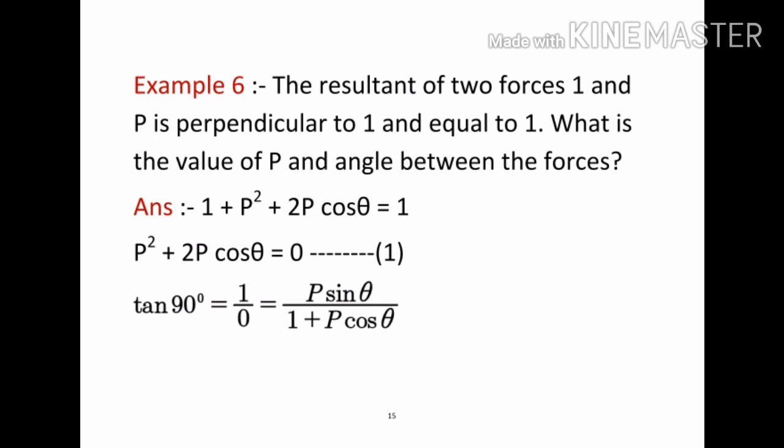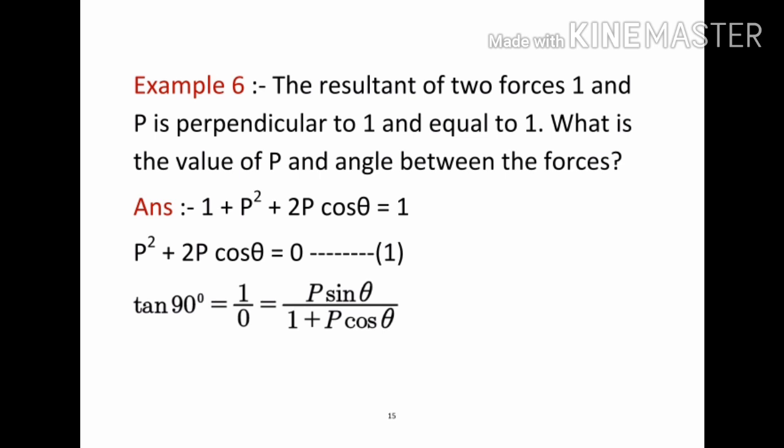So based on that given data, we apply the resultant formula: 1 plus p square plus 2p cos theta is equal to 1. That implies p square plus 2p cos theta is equal to 0. That is taken as the first equation.